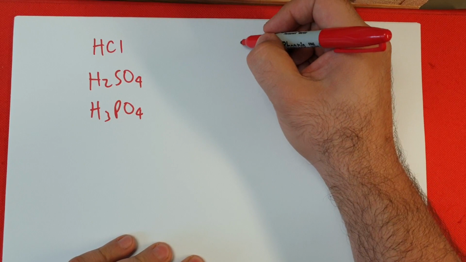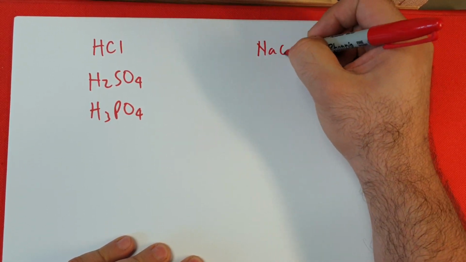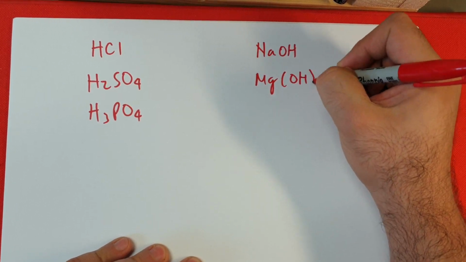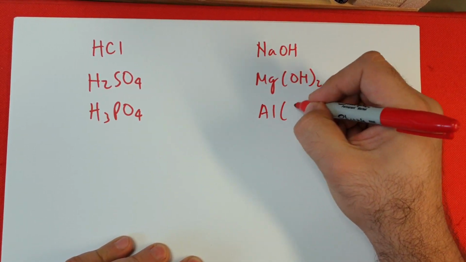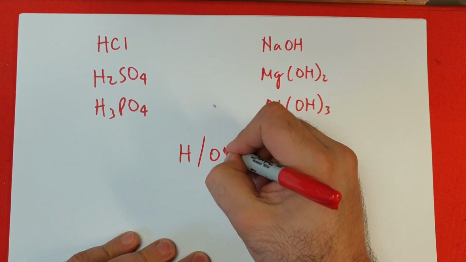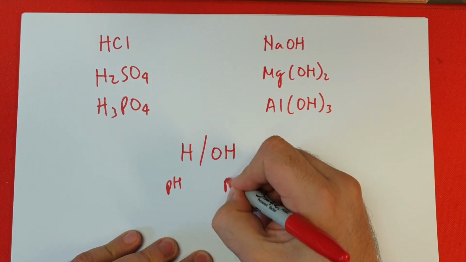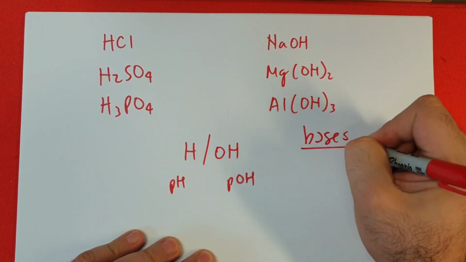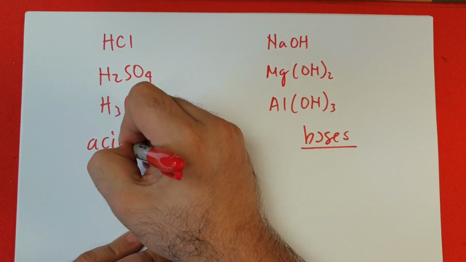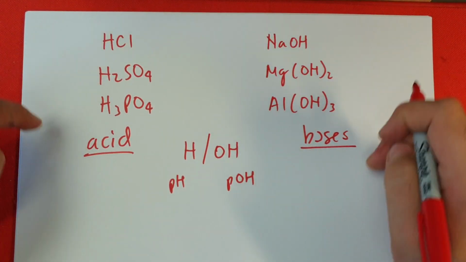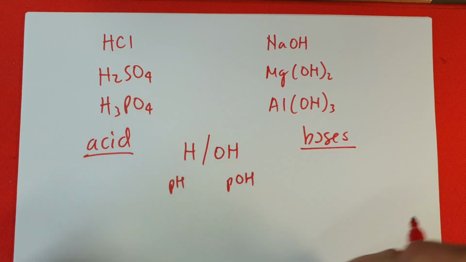Or if it's giving you a base, NaOH, which is sodium hydroxide, magnesium hydroxide, aluminum hydroxide. So remember, H, OH, pH, pOH, bases, acids. This depends on whether you're going to calculate pH or pOH.